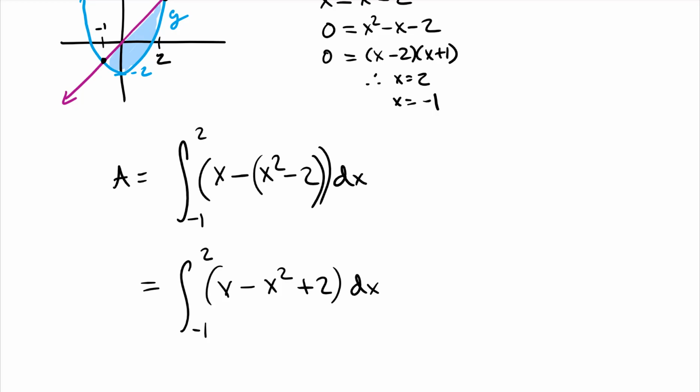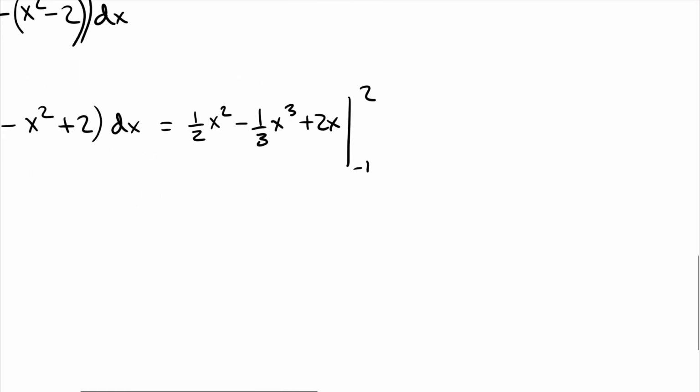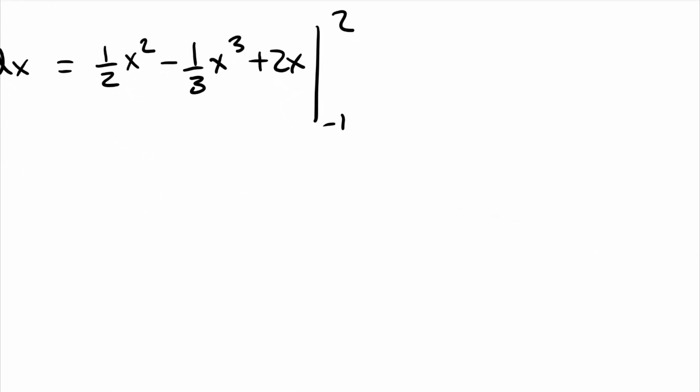Now, let's go through and handle it. So we'll take an antiderivative. So we're going to get 1/2 x squared minus 1/3 x cubed plus 2x, evaluated from negative 1 to 2. How's your fractions, y'all? Are you starting to notice? Fractions pop up quite a bit.